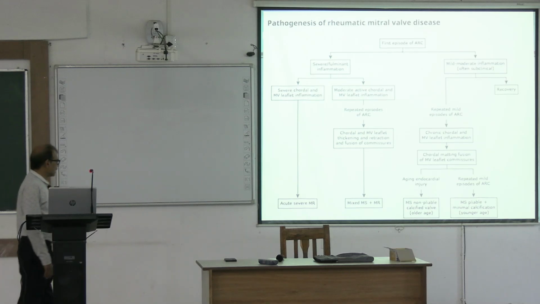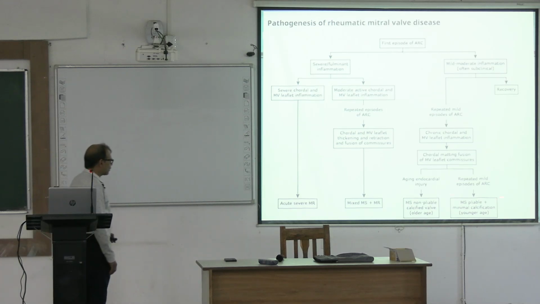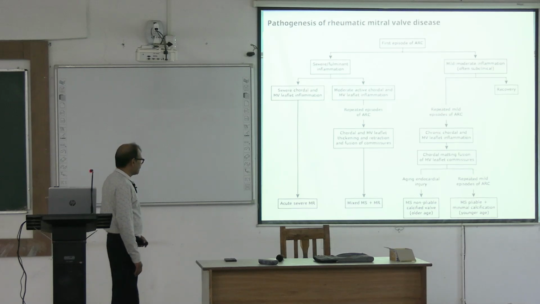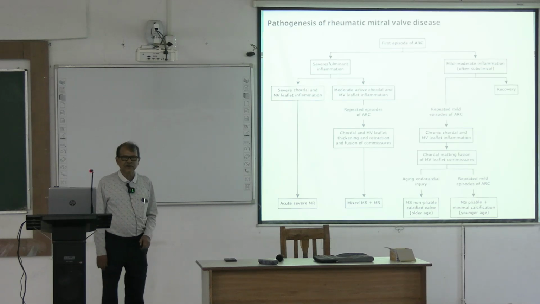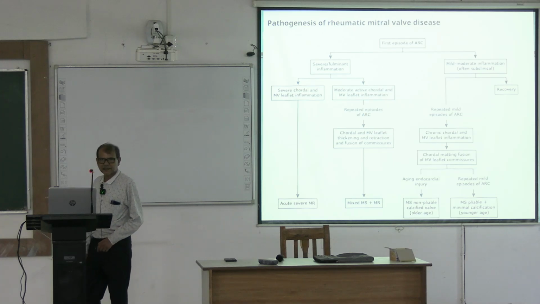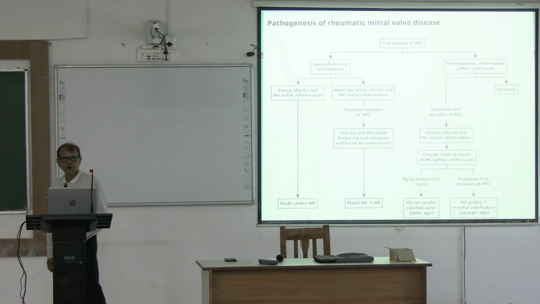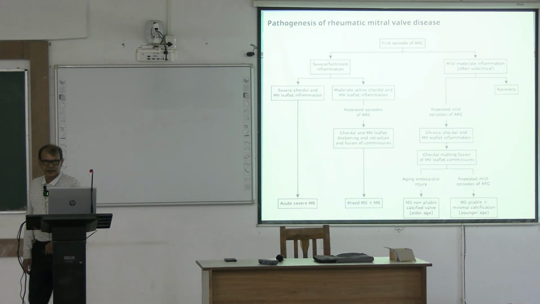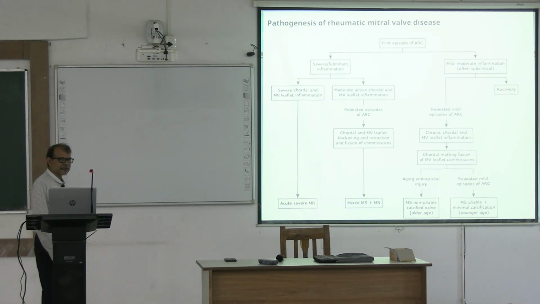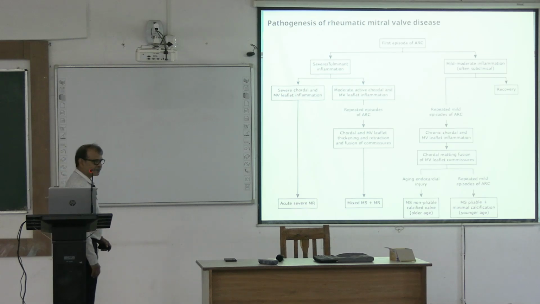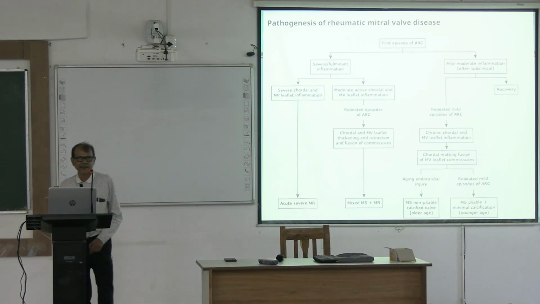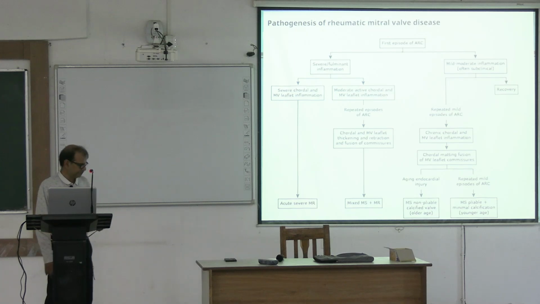Second one is the repeated episodes of acute rheumatic carditis in the younger age group produces mitral valve that is pliable, that is having mobility. That means the minimal or no calcification. This is the pathogenic process involved in the genesis of the mitral valve disease, both mitral regurgitation as well as mitral stenosis.